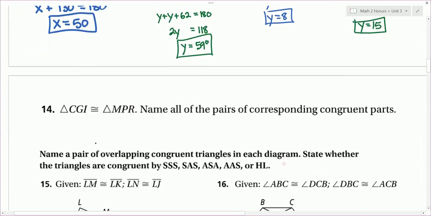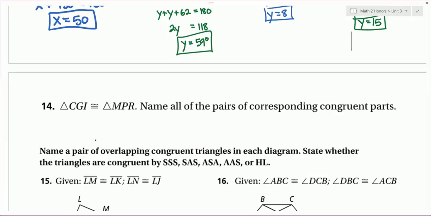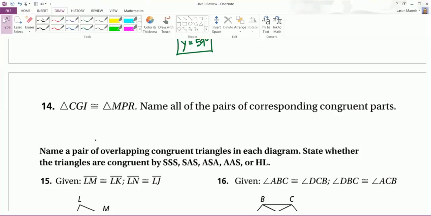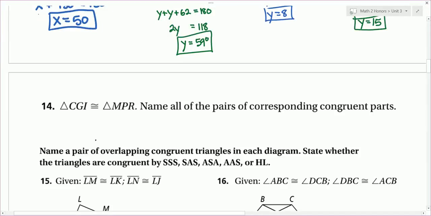Number 14, we have two triangles, CGI and MPR, that are congruent, and we want to name all the pairs of corresponding congruent parts. Well, triangles have 3 sides and 3 angles, and so we're going to have to make 6 different statements.